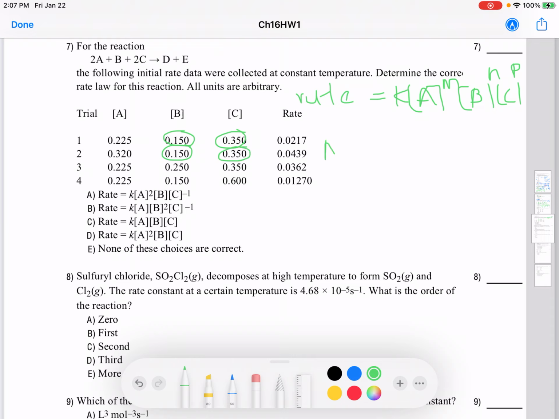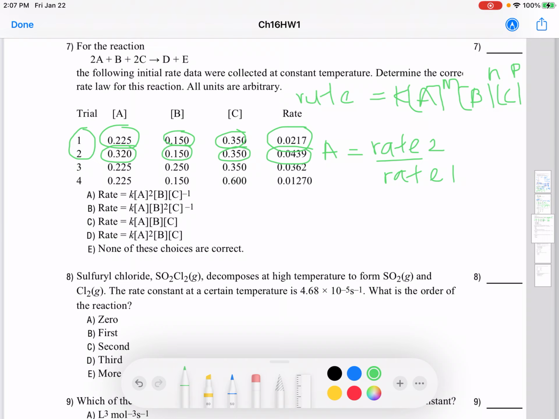To find A, you can use the first two reactions, rate 2 over rate 1. Rate 2 is 0.0439, you divide by 0.0217, and similarly 0.330 divided by 0.225, so you can find out M.